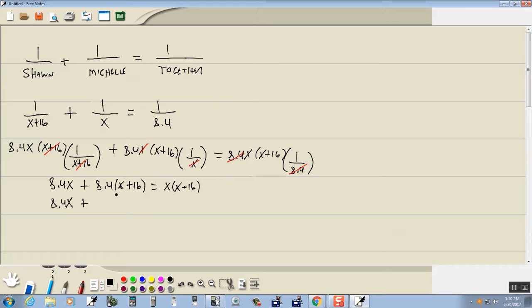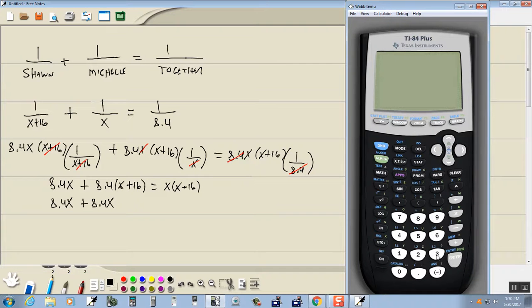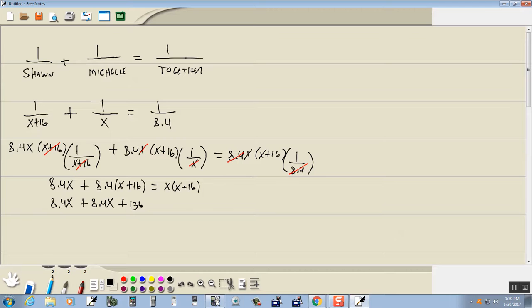Distributive property: 8.4 times x is 8.4x, and 8.4 times 16 is 134.4. On the right, x times x is x squared, and x times 16 is 16x.